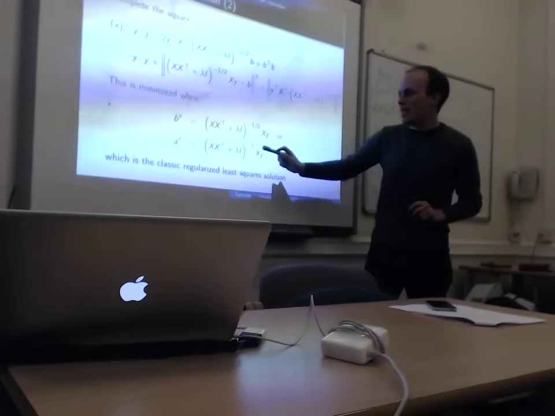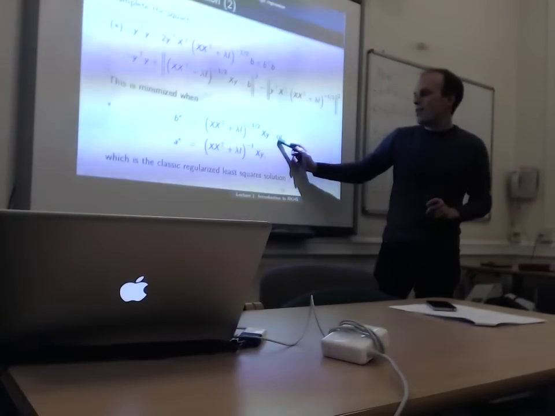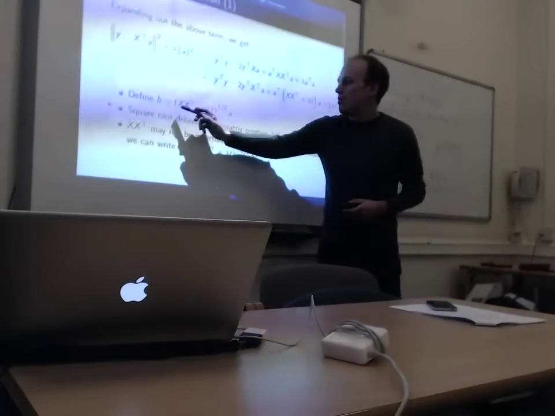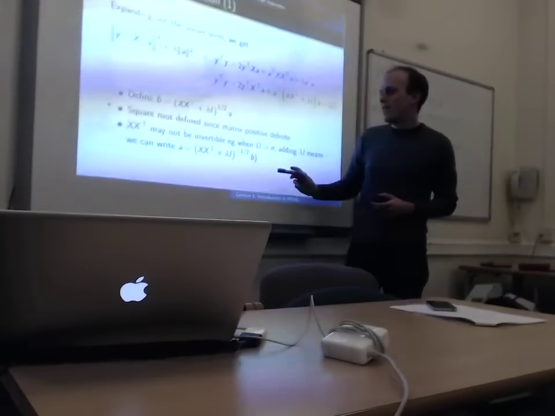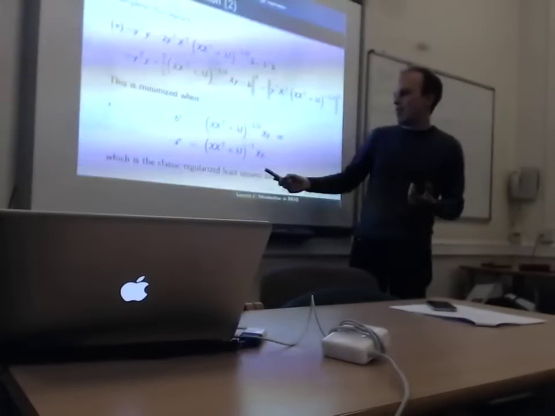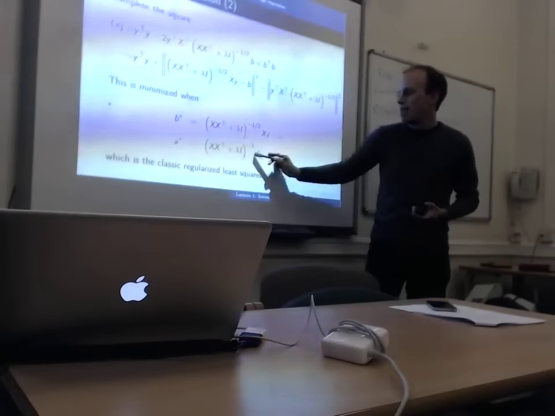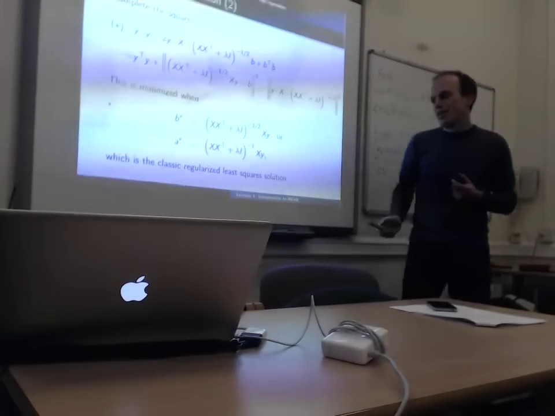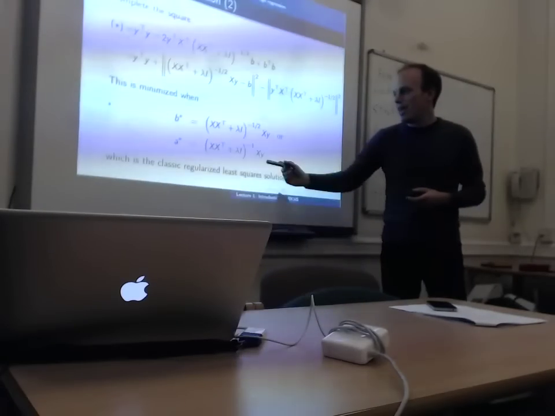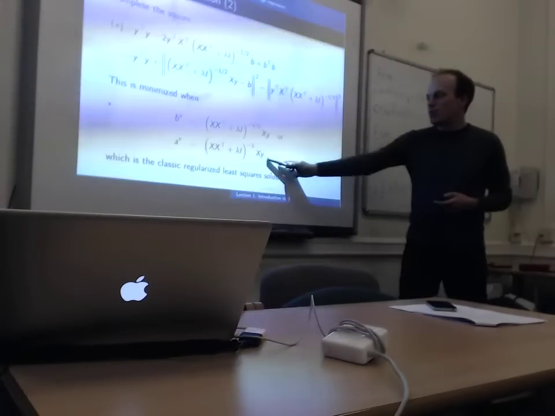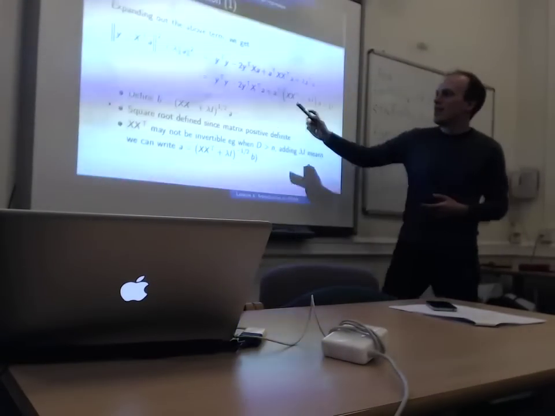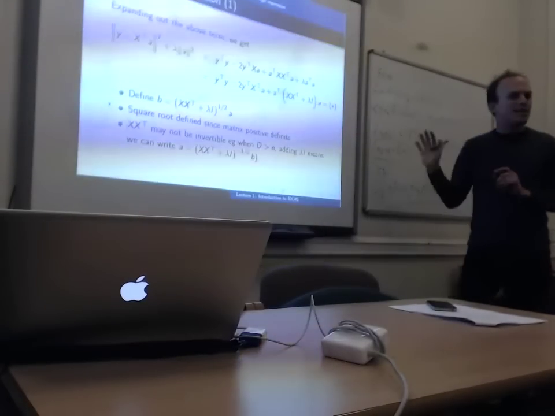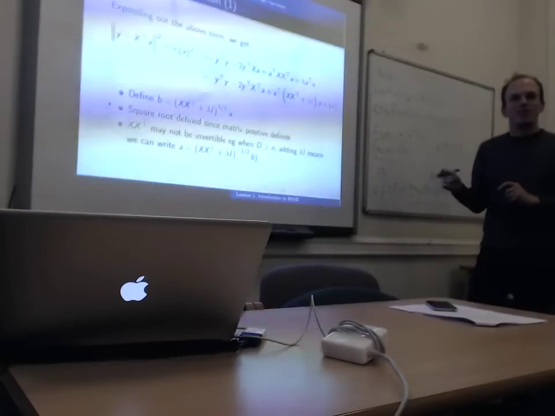Now remember, I defined B to be this to the half times A, so I just plug that back in. That means that A is equal to this to the minus 1 times X y, okay? So this is the solution to my ridge regression problem. This is what's going to minimize this term with respect to A. So is that line of reasoning clear to everybody? Yeah?